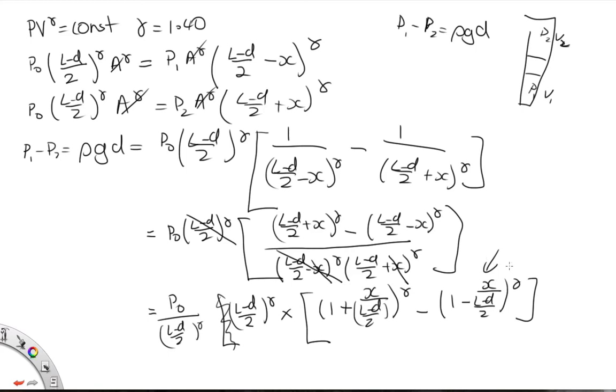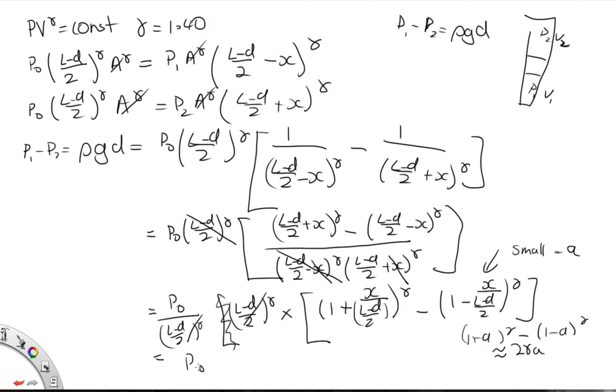Okay, now this is small, which tells us that we can actually do a Taylor series expansion of this thing. So if we let this equal, say, A, then we've got (1 plus A) to the gamma minus (1 minus A) to the gamma. And when we do a Taylor series expansion of this for A much less than 1, we get that this is approximately equal to 2 gamma A. Okay, so we can write this as, this and this will cancel out.